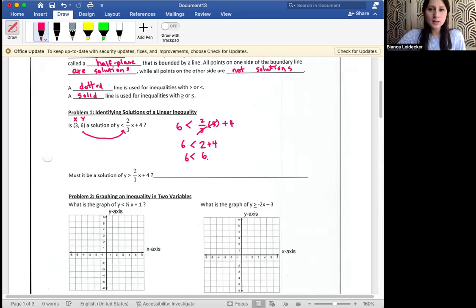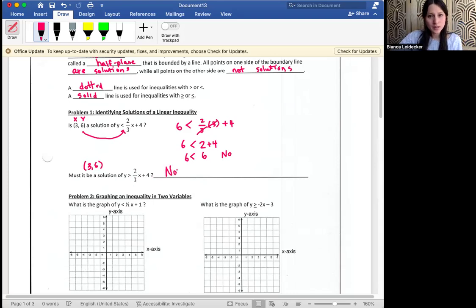Okay, is this a true sentence? No, it's not. 6 is not less than 6. They're equal to each other. So in this case, this is not a true solution. It does not work. And so must (3, 6) be a solution for y is greater than 2/3 x plus 4? If I were to plot that point on my graph, would that be a solution for this inequality?